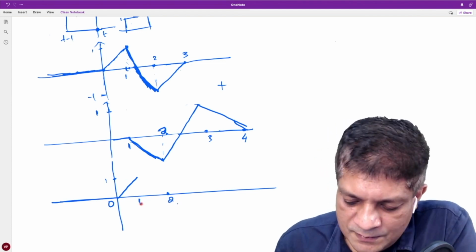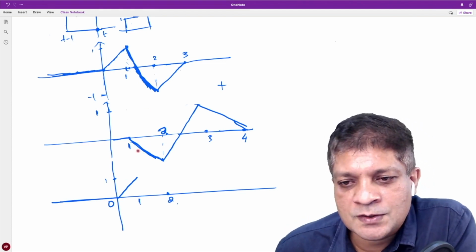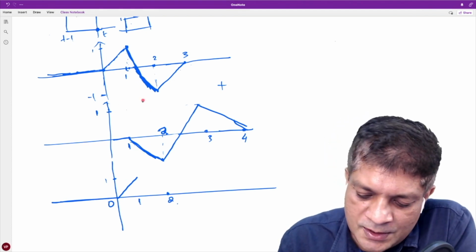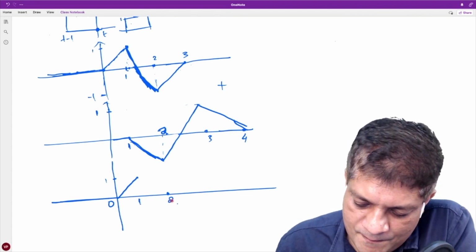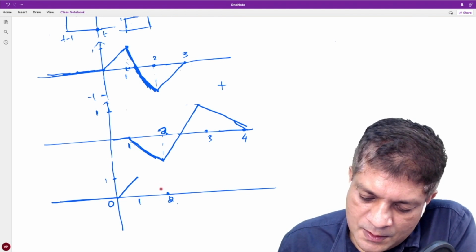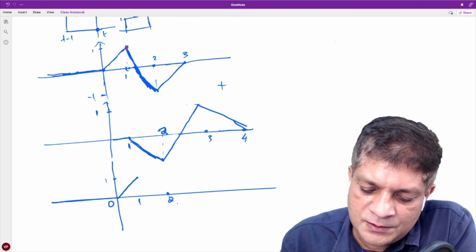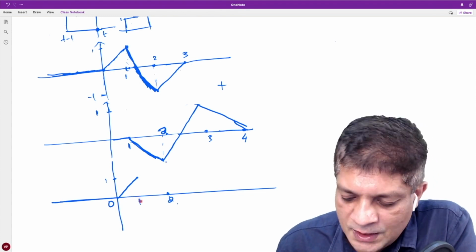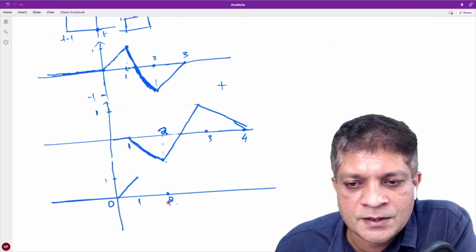In this interval between 1 and 2, it is the sum of these two signals, isn't it? Both are linear, so you have to find the values only at the end points of that interval, and everything in between is linear.